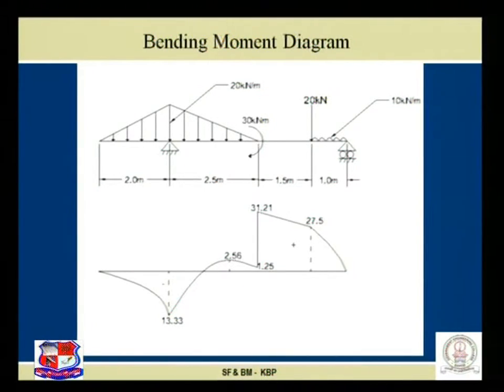Let us go ahead with the next problem. That is the last problem of the series of overhanging beams. Then we go ahead to the relation between the loading, shear force and bending moment. Let us proceed further with the next problem.